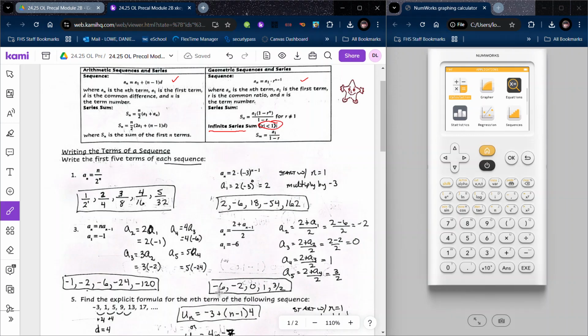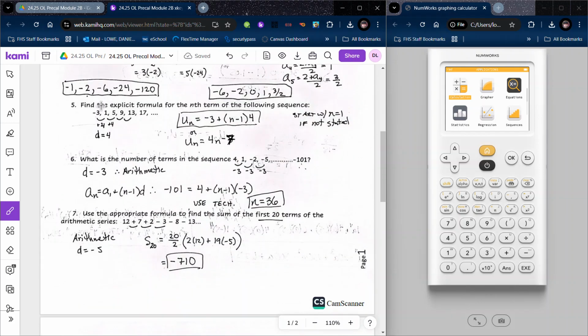So we have negative 6 as the first term, then negative 2, then 0. The fourth term will be 2 plus 0 divided by 2, which is 1. Then 2 plus 1 divided by 2, which is 3/2. Sequences are separated with commas.